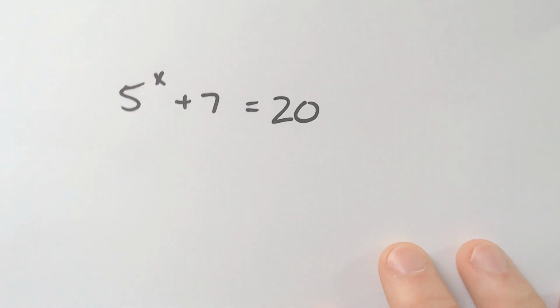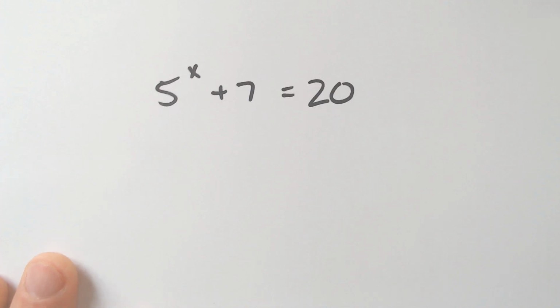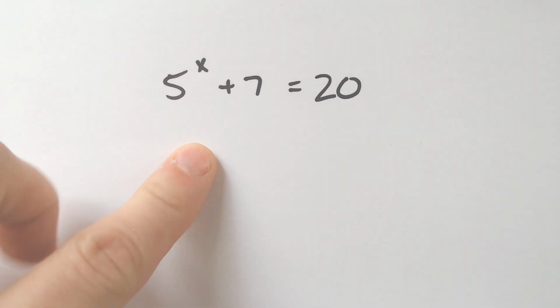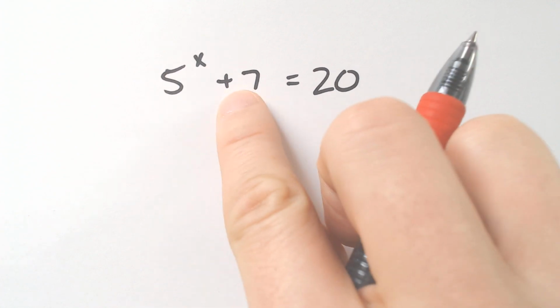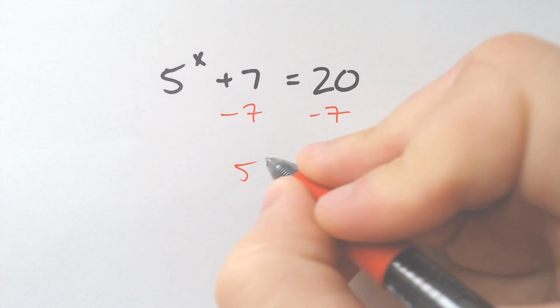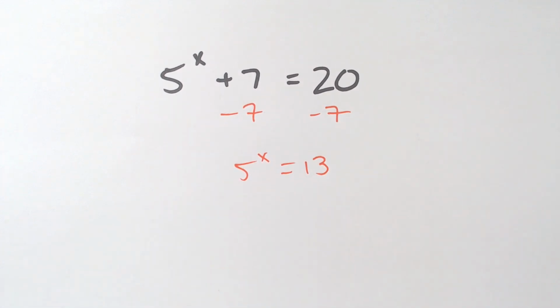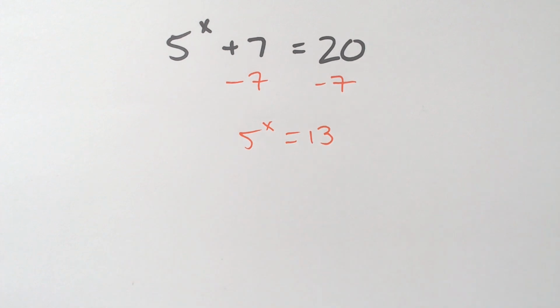They're not going to get any harder. We got 5 to the x plus 7 is equal to 20. If you have a problem like this or anything where the exponent term is not by itself, you need to move the 7 over first. And then it becomes pretty much identical to what we just had, except it's a 5. Well, if it's a 5, no big deal.